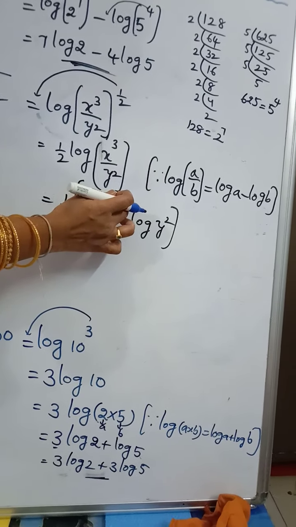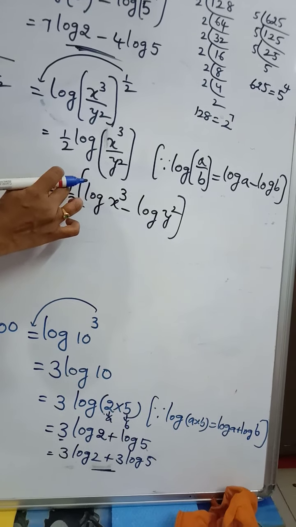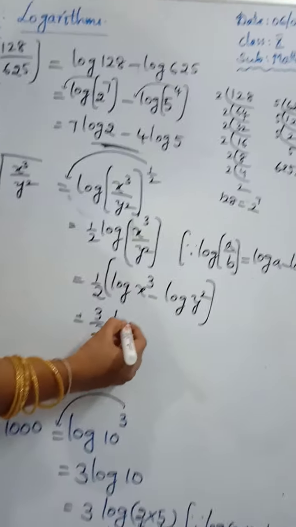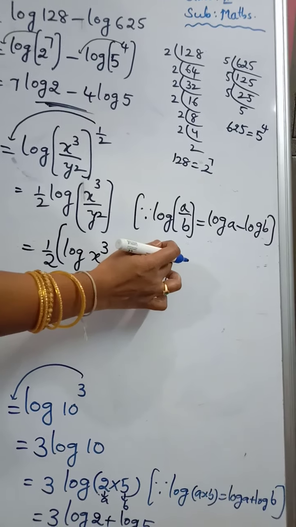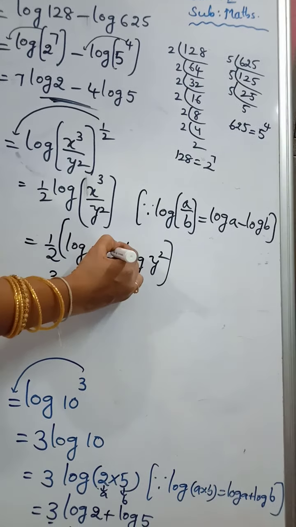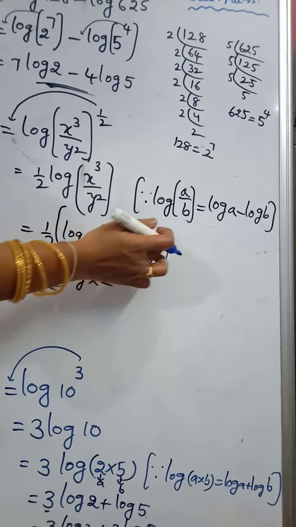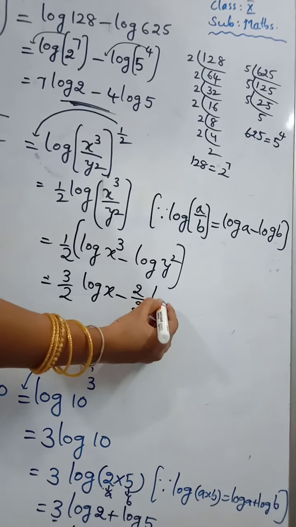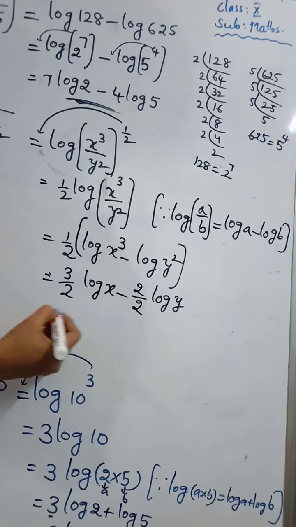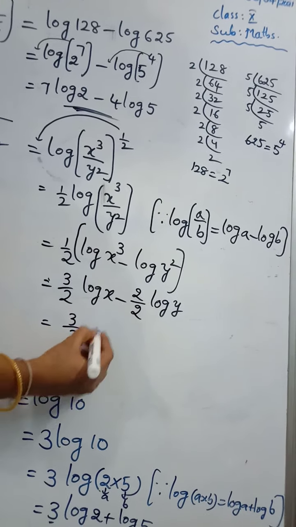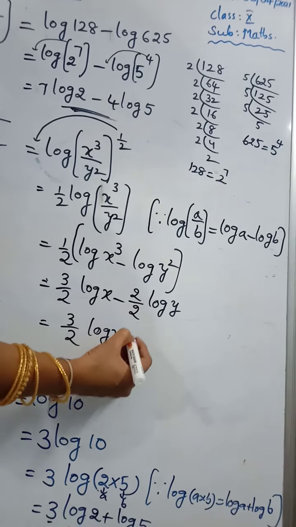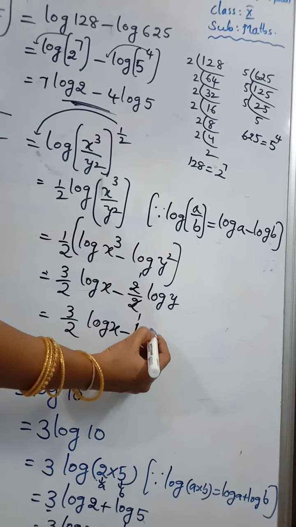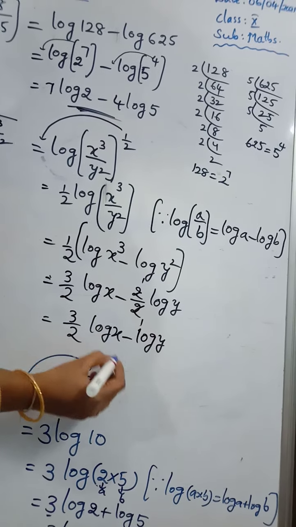Again, the power 3 comes as the quotient, 3 ones are 3. 3 by 2 into log x minus, again this also acts as the quotient, 2, 2 ones are 2, already divided by the denominator 2, log y. That is equal to 3 by 2 log x minus, 2 ones are 2, 2 ones get cancelled, 1 into log y. This is the answer.